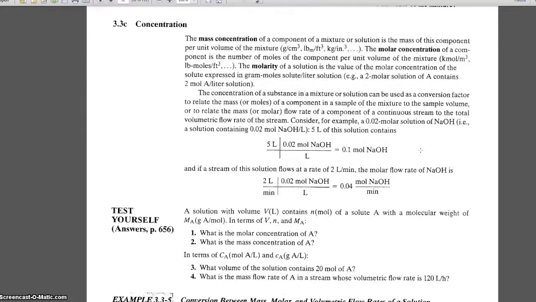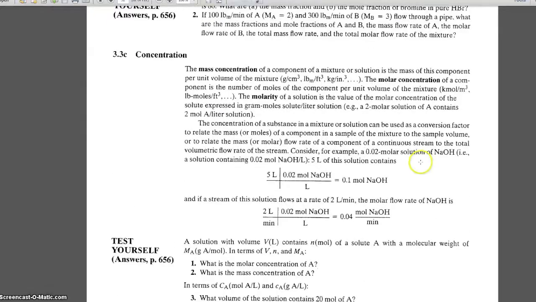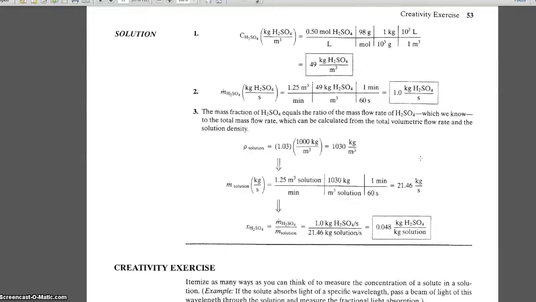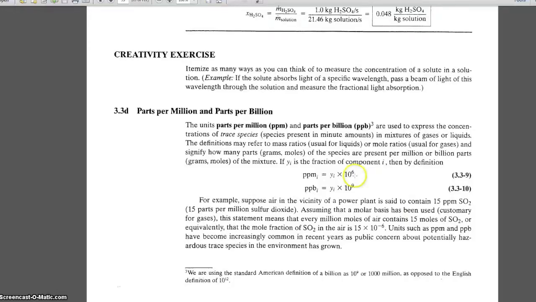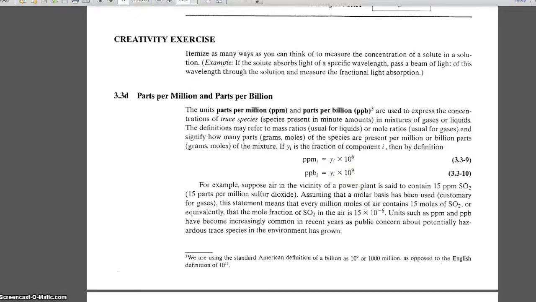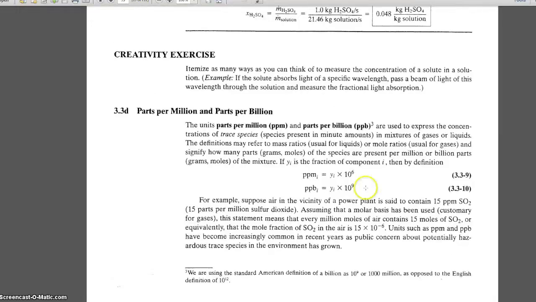Concentration takes more study, while parts per million and parts per billion are relatively easy. You just convert it with 10 to the power of 6 and 10 to the power of 9 for parts per billion. Yep, I guess that's it for chemical composition, and we can move to the next topic. I think it's about pressure and temperature.